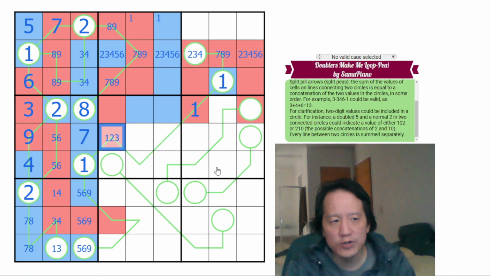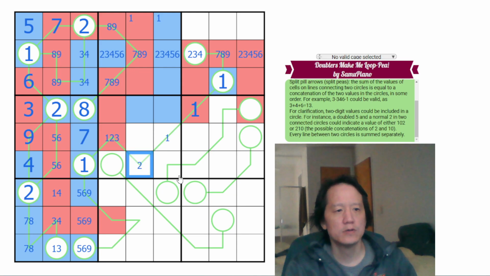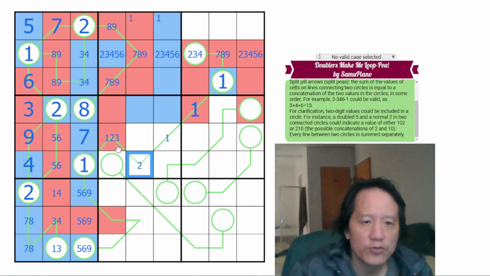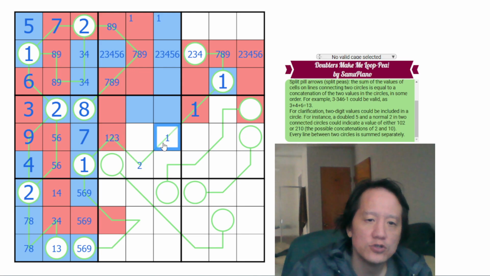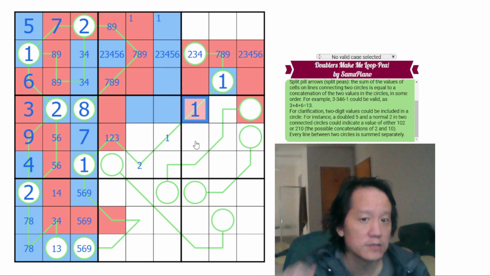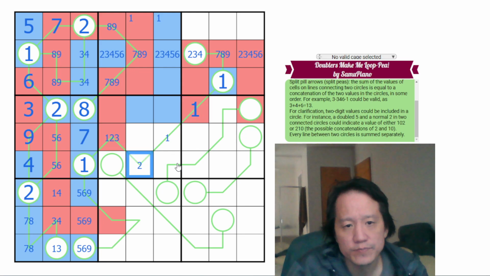Can you have 3 doubled? Yes. So 3 doubled works, and this would be, whoops. So this would be 1 and 2 then. Right, 3 doubled is 6, plus 2 plus 1 is 9, plus 1 doubled, which is 2, is 11. If it's 2, so that's if 3 doubled.